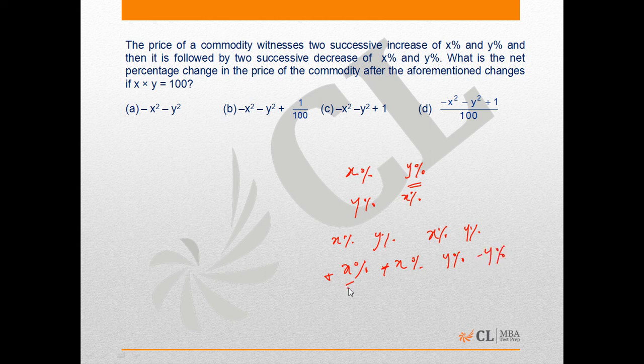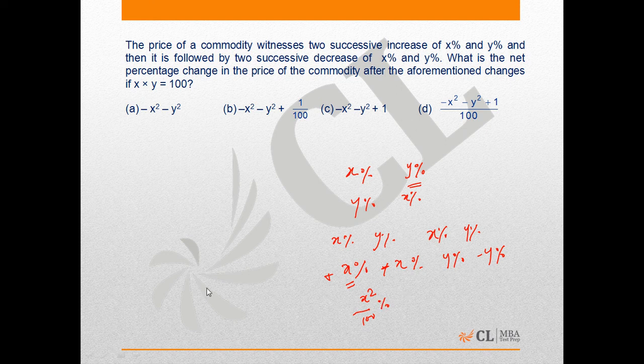And we know that when the price of a commodity is increased by x% first and then decreased by the same percentage, the effective change in the price comes out to be x square by 100%, and that will be the case of decrease.